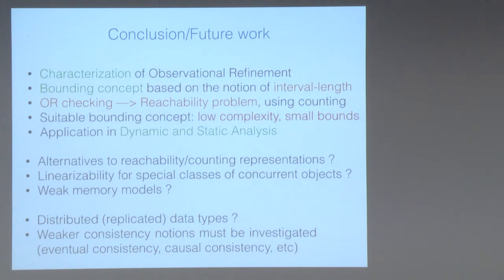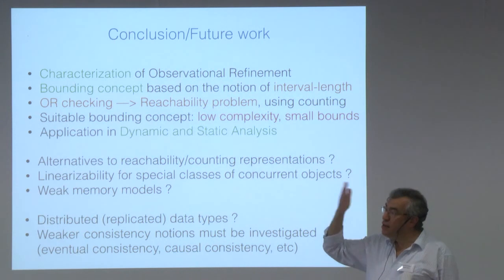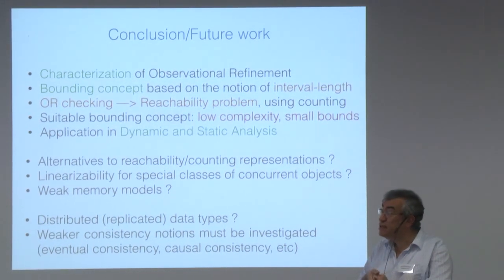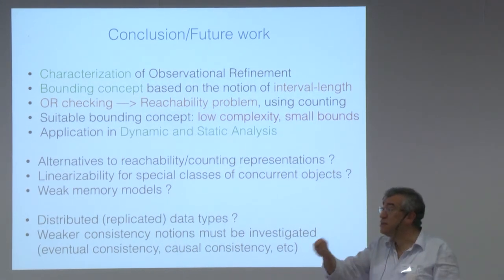In what we do, we actually got rid of linearizability completely, because now you reason about observational refinement. And this observational refinement, you can encode it using these counters. You don't have to consider the linearization point anymore, because that's actually the source of complexity, to find this linearization point.